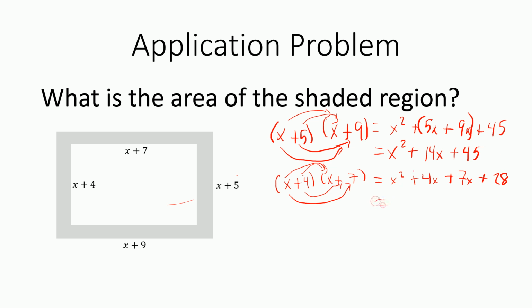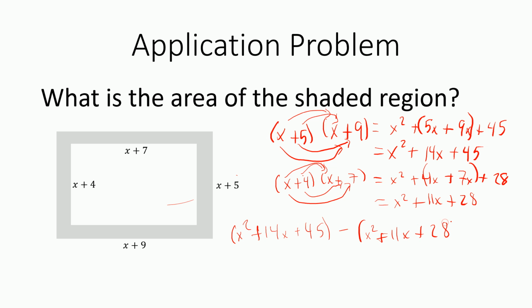And then combine these two like terms, x squared plus 11x plus 28. So now I'm going to subtract the two. Larger rectangle first, and then minus area of the smaller rectangle.